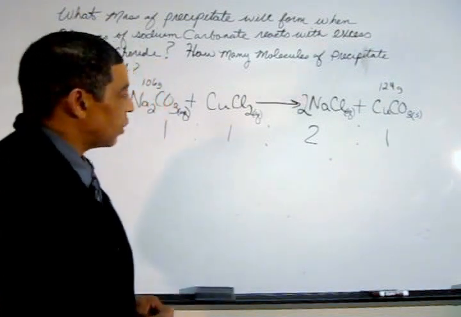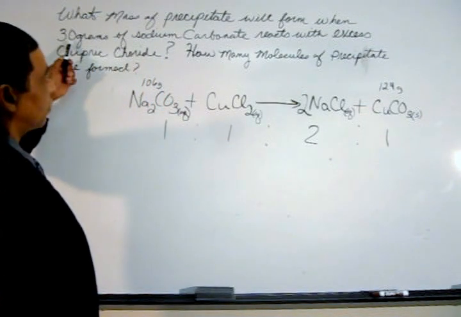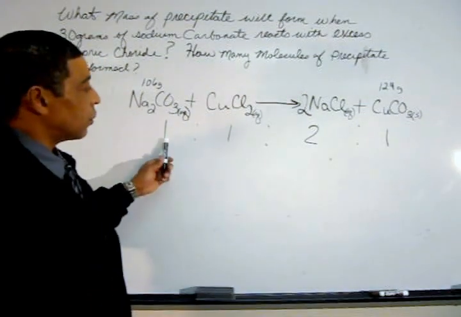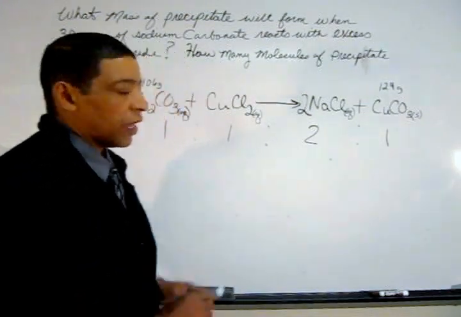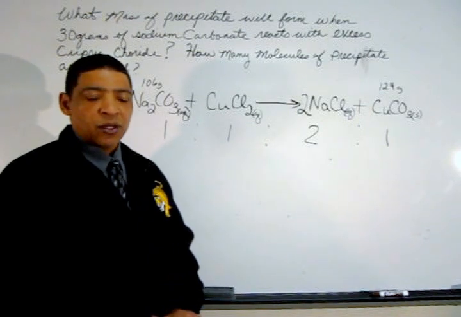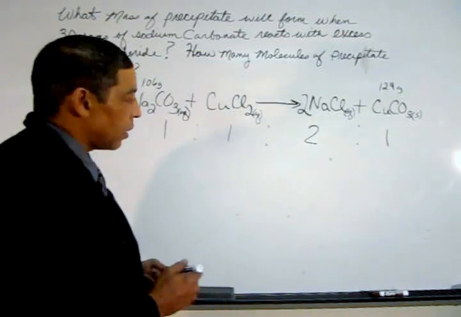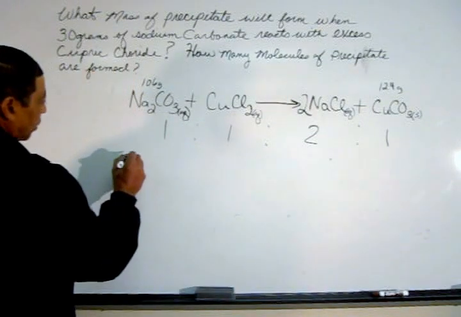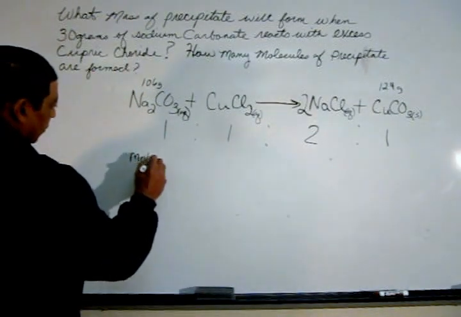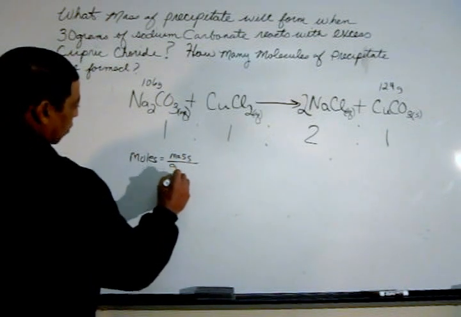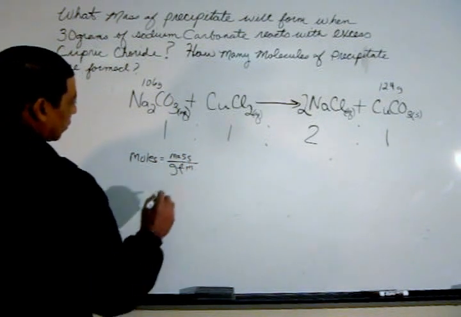The problem is we're given 30 grams of the sodium carbonate. A molar ratio requires that the given mass be converted to moles. To do so, simply use the mole calculation, where moles are equal to the mass divided by the molar mass, or gram formula mass.